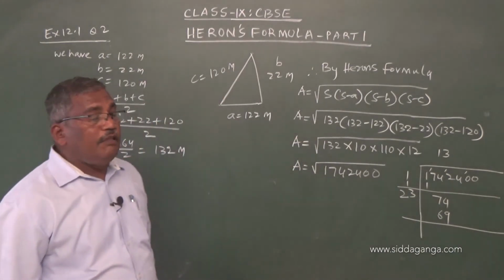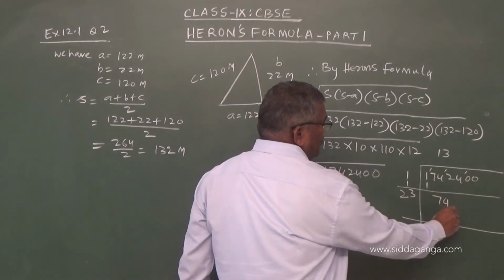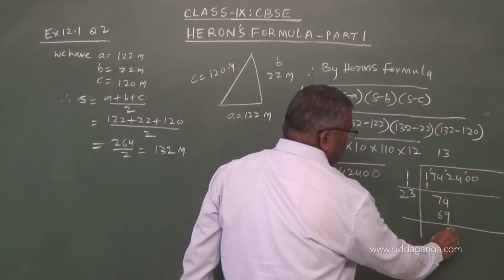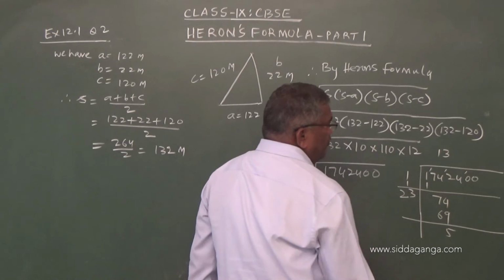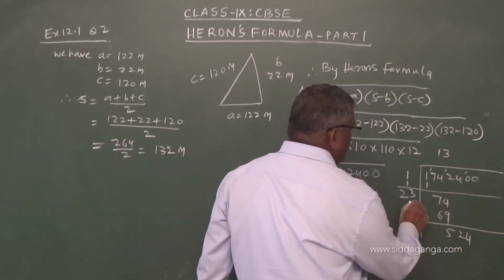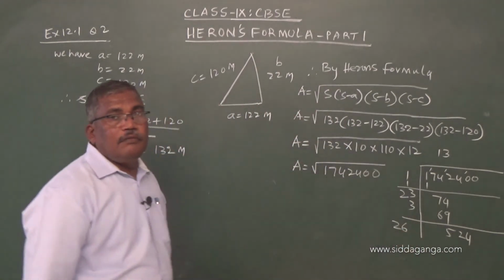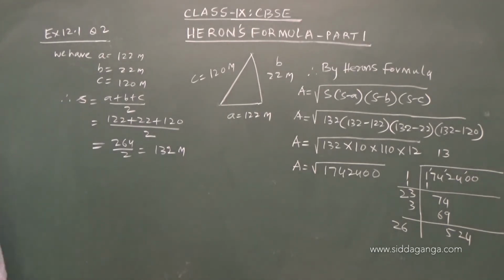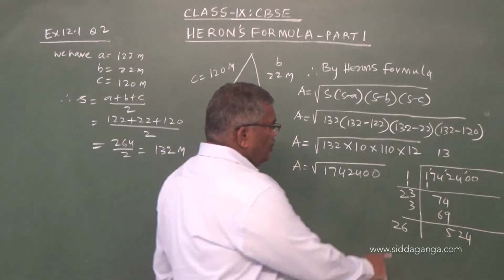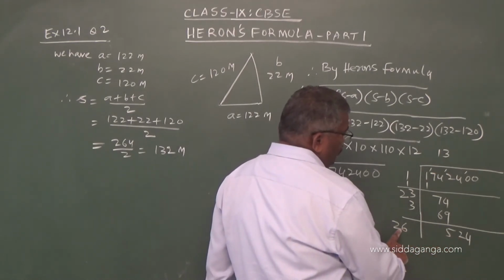You have to be familiar with this procedure. So 5. We will get 24 at a time. 524. 3 will add. It becomes 26. Even if you put 500, this is 260.